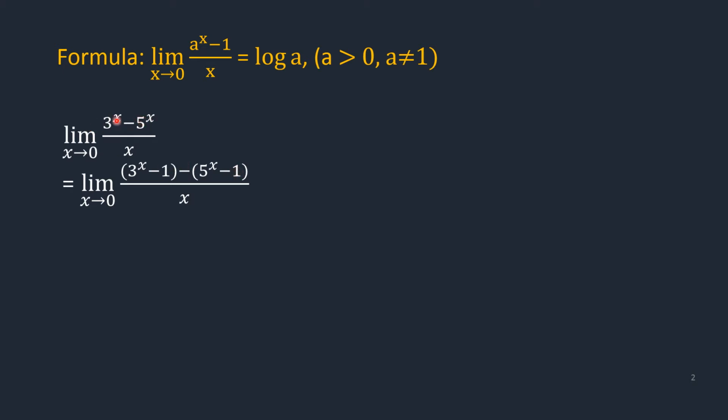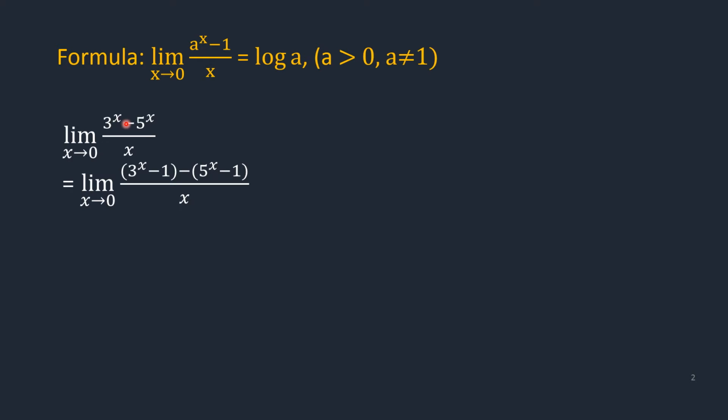See, minus into minus will become plus. Minus 1 plus 1 will become 0 and 3 to the power x minus 5 to the power x will remain, which is the original numerator. So the changes that we have made do not change the original numerator here.